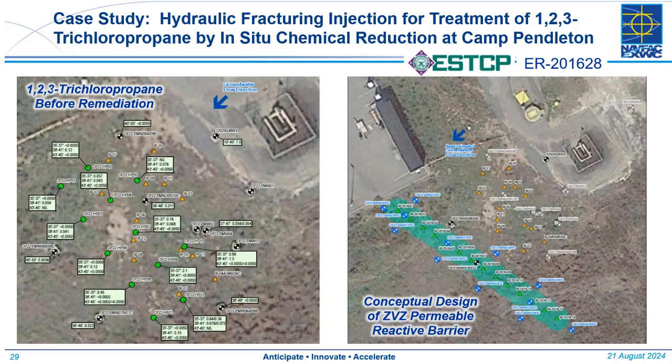The conceptual design was to install a zero-valent zinc PRB injected in 14 hydraulically fractured points across the plume, shown on the right-hand side, at target depths down to 65 feet below ground surface, with about a 15-foot target radius of influence.